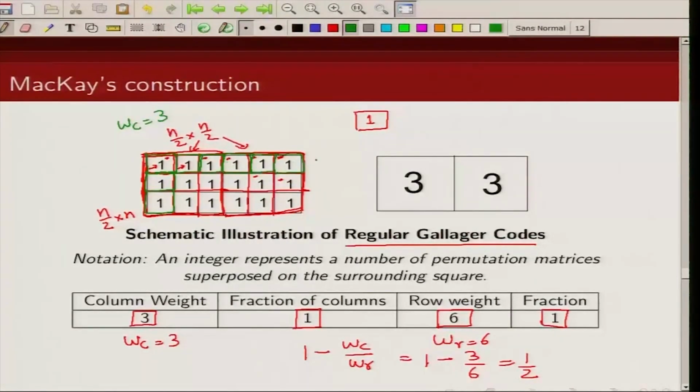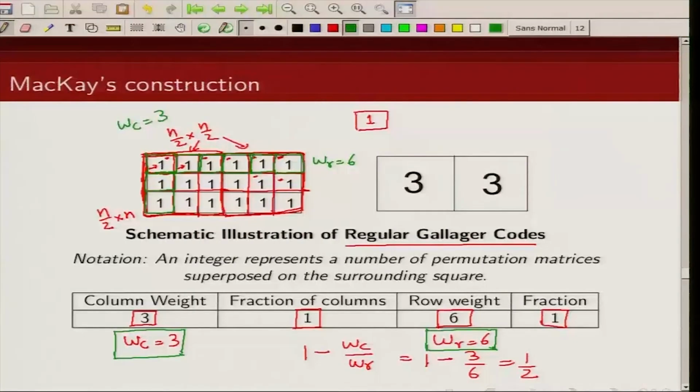So, we will get overall 6 ones in each row. This way we can generate an LDPC code with these parameters, column weight 3 and row weight 6.